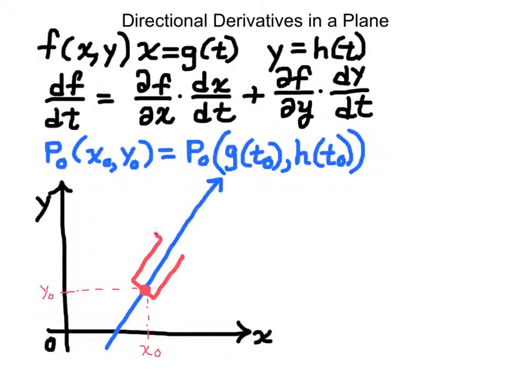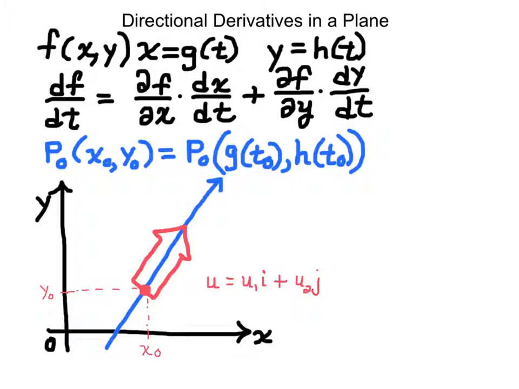So imagine this is our unit vector u. The unit vector u in the direction of f is u sub 1 in the i direction plus u sub 2 in the j direction.